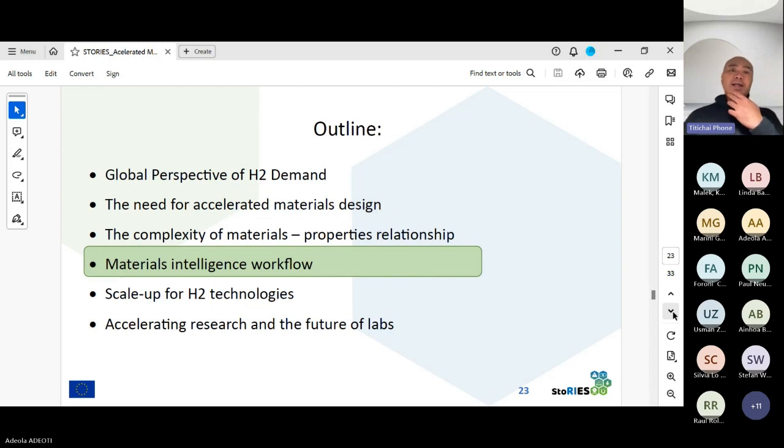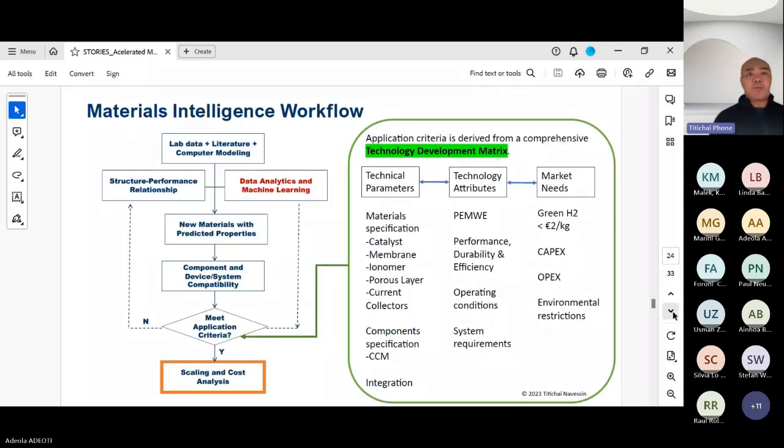The next slide will show you the workflow as a diagram. On the left side, typically you start off with new materials or predicted properties. And then, as I'll show you in a few slides, we convert them into component catalyst-coated membranes. And then that component gets evaluated.